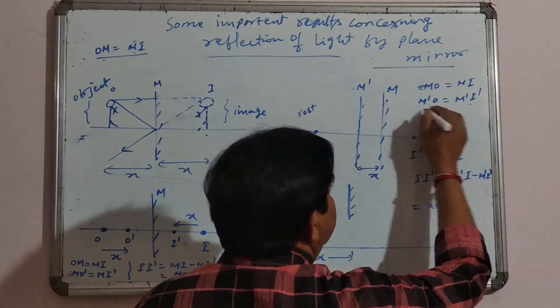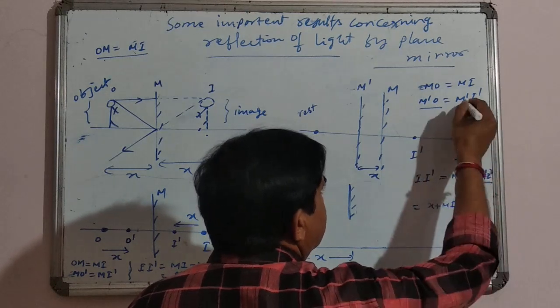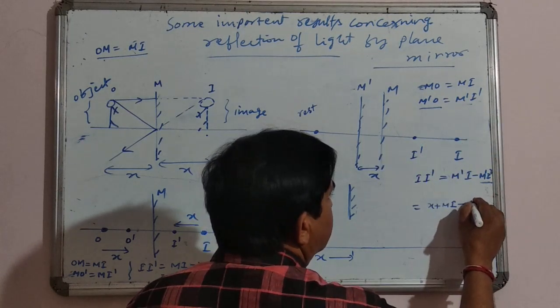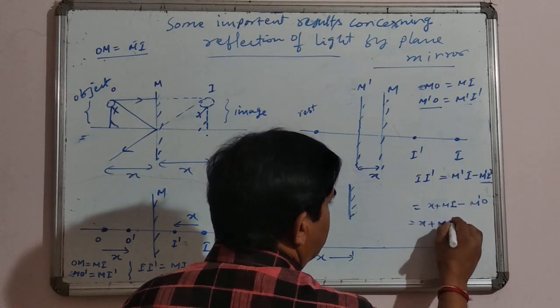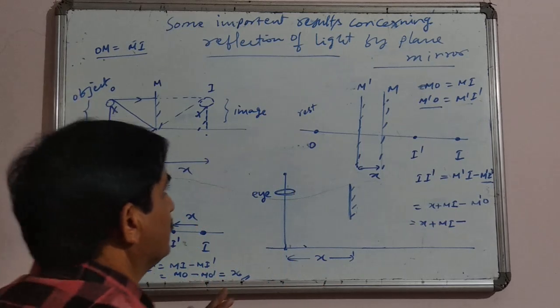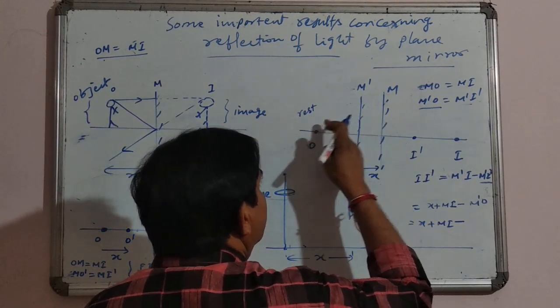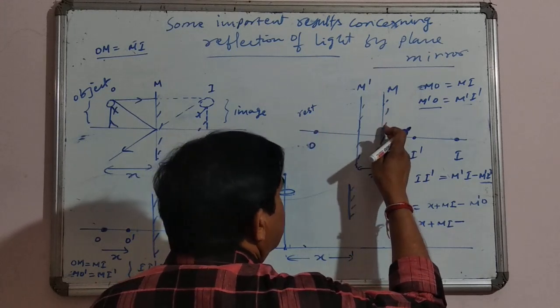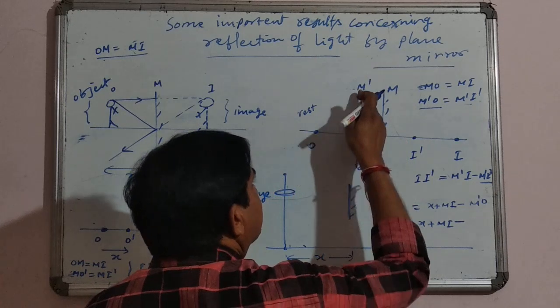We can substitute this value over here. M dash I dash equals M dash O. Now x plus MI minus M dash O, and from here M dash O we can write as MO minus x.